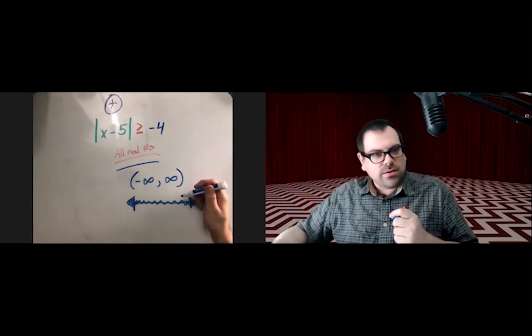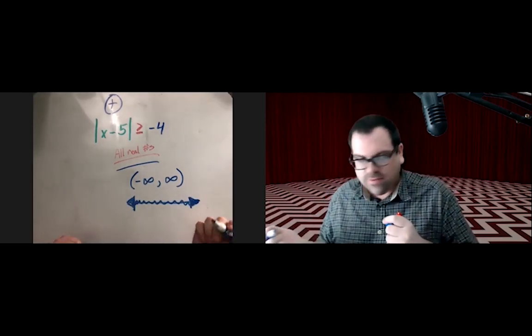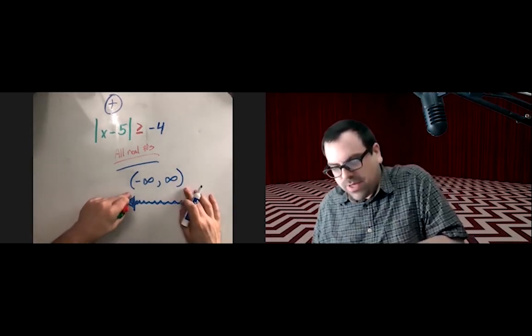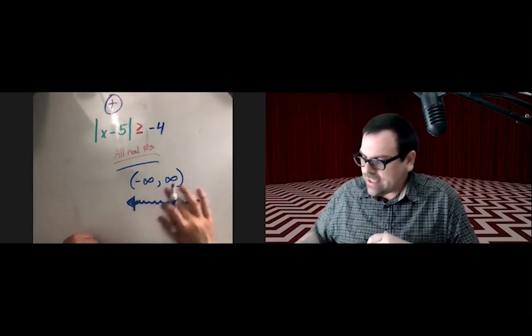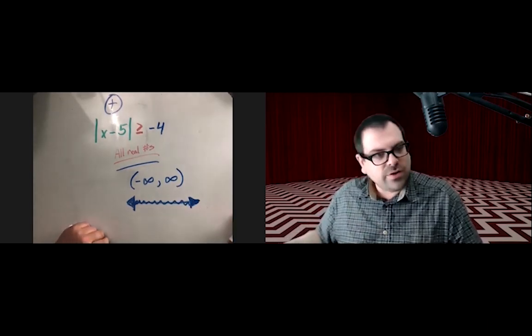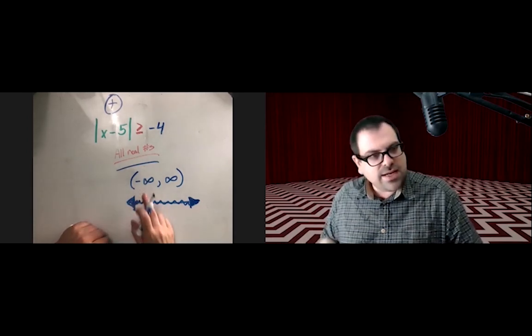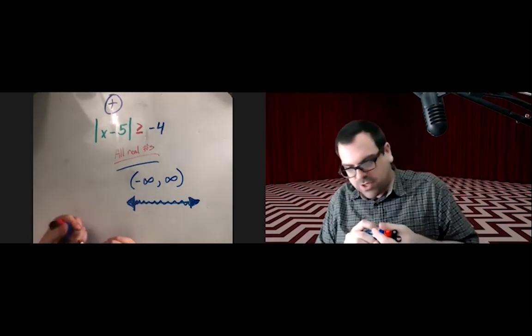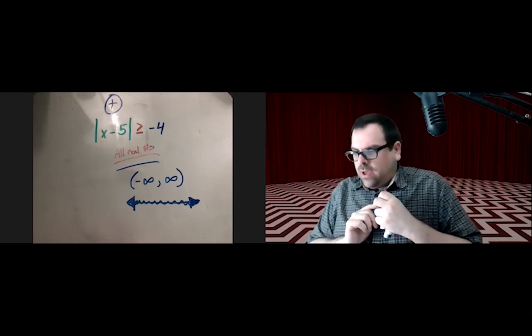It's not a thing. Since it's not a thing, it can't be equal to that thing. Since it can't be equal, it can't have a square bracket. That's why the infinities are a special case that are just parentheses. It's the idea of forever in the positive direction. Negative infinity is the idea of forever in the negative direction. Okay.